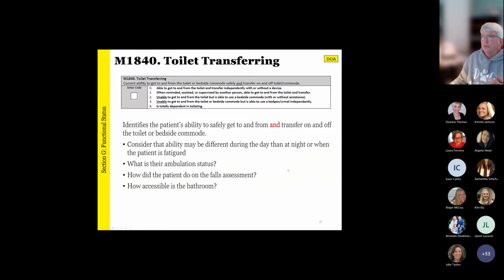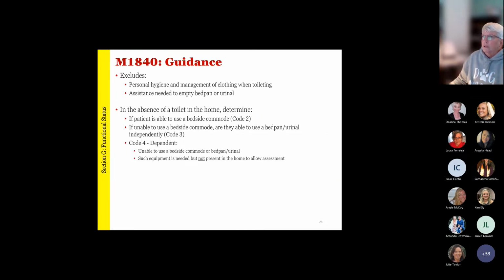M1840, your toilet transferring. We talk about in the absence of a toilet in the home, because we do have homes where there's no toilet. You need to determine, can they use a bedside commode? And if the clinician's going to have marked that one off, make sure there is indeed a bedside commode.